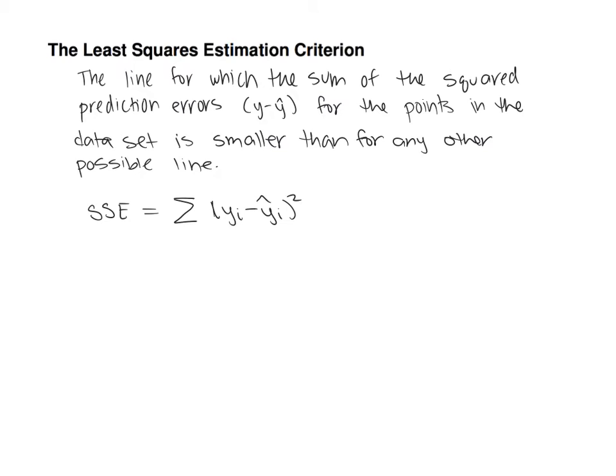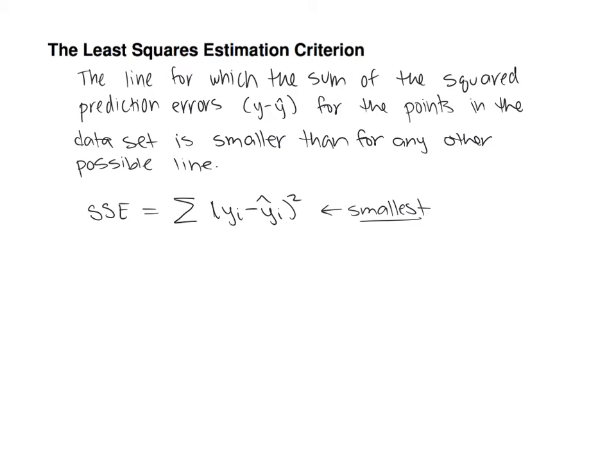Remember that i means you take the first data point and you do the y corresponding to that data point minus the predicted y corresponding to that data point, and you add them all up. You do this for every possible line, and then you find the one that is the smallest.